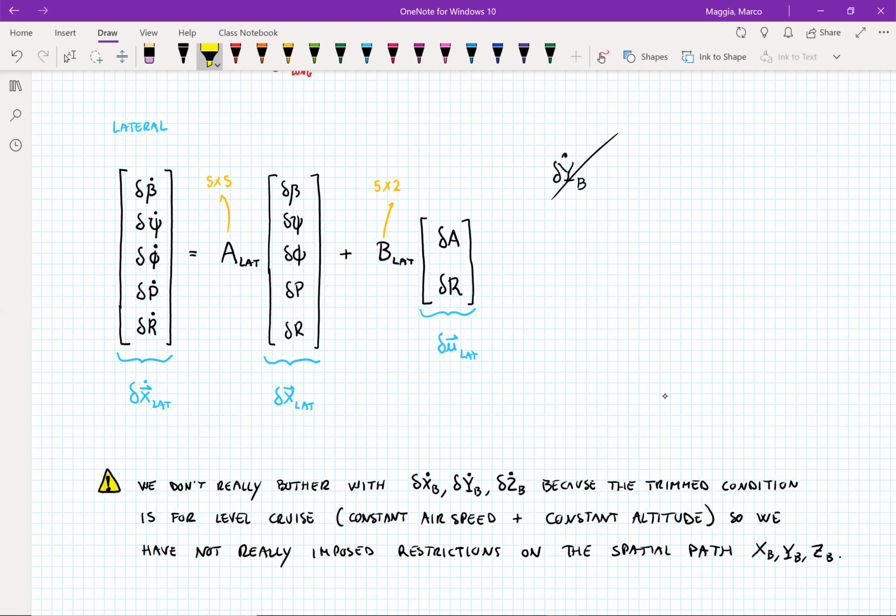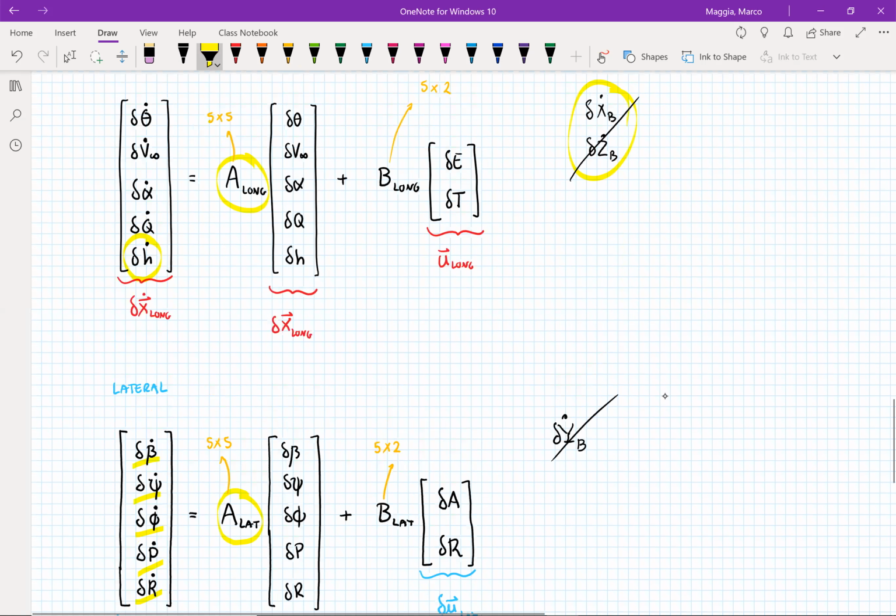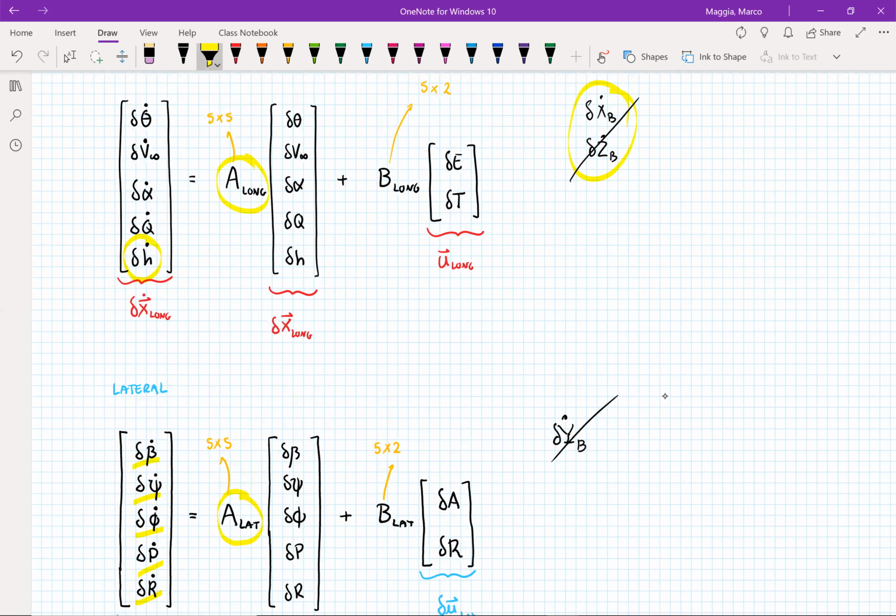So we are left really with 5 equations: the side slip angle, yaw angle, roll angle, and p and r. And so we have these 4 sub-matrices here, this A longitudinal and A lateral, that are both 5 by 5 matrices, and the B longitudinal and B lateral are both 5 by 2.